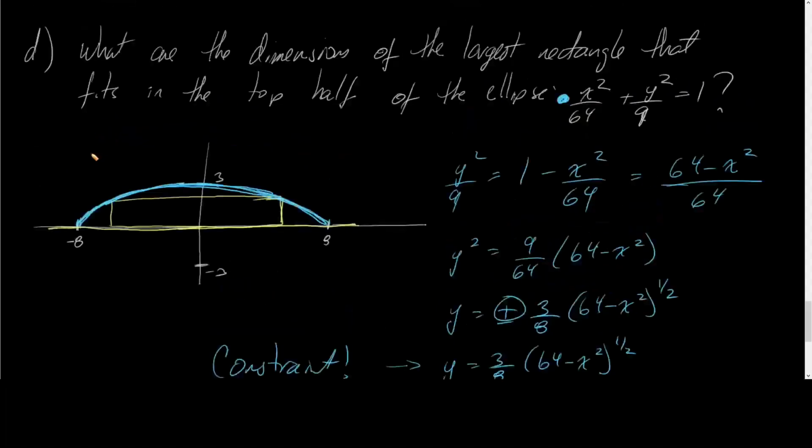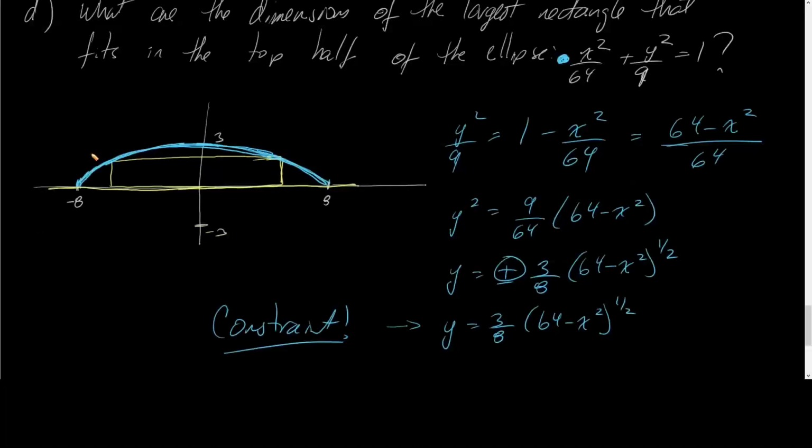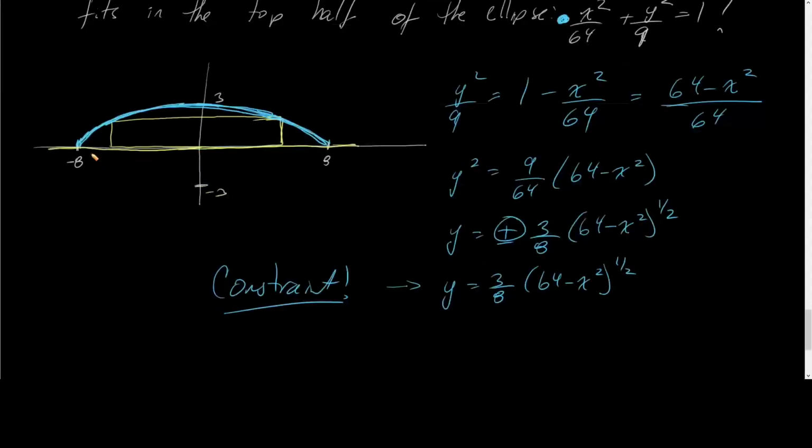Now, what is our objective? We're trying to find the dimensions of the largest rectangle. What do I mean by that? We're looking for the largest area of that rectangle. All right. And now let's see. Well, what is the area of this rectangle? Let's think about this point right here. This point right here is at x comma y, right?